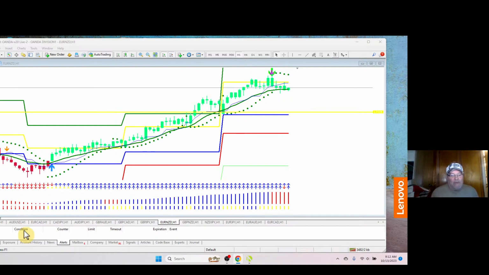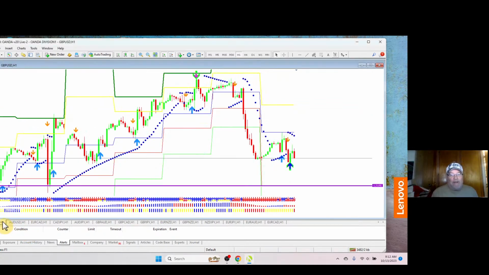So we'll see what we've got. Pound dollar. See, it's trying to make the signal coming down, but we've got this below us, which could be a magnet, like it has been a magnet. It bounced off of it several times.